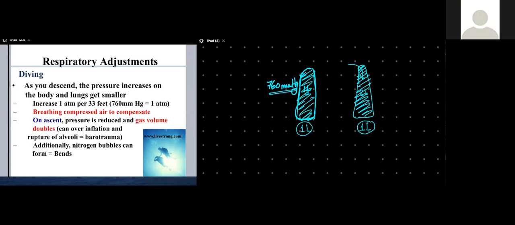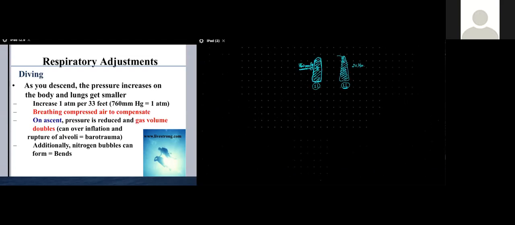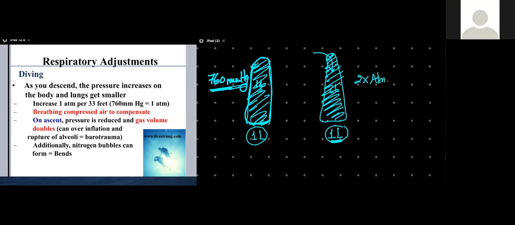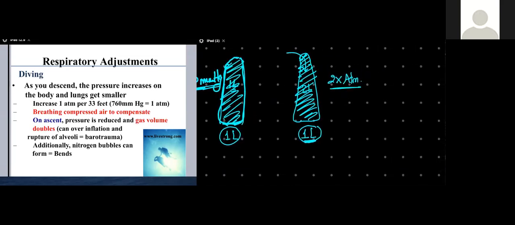But what happens to the pressure? As you doubled the amount of air but kept it in the same container, you will have double the pressure. Does this make sense? What I mean by compressed air is simply more air in the same container, which results in an increase in its pressure.